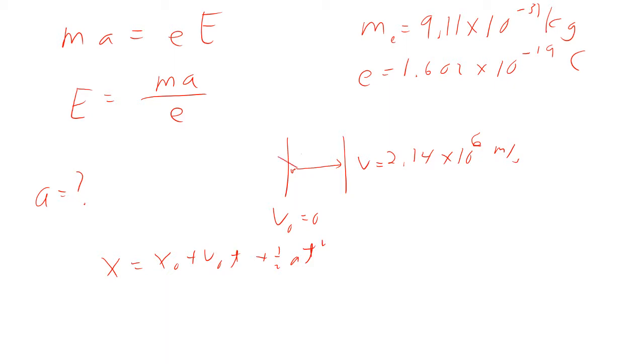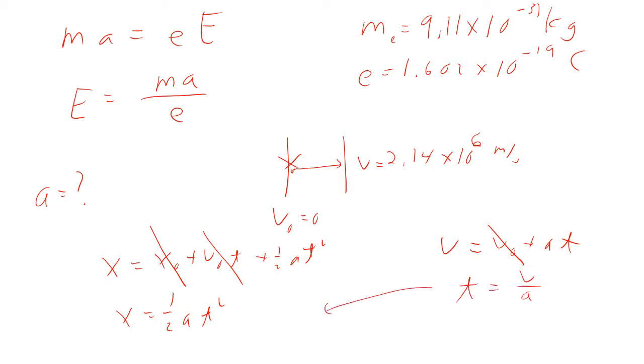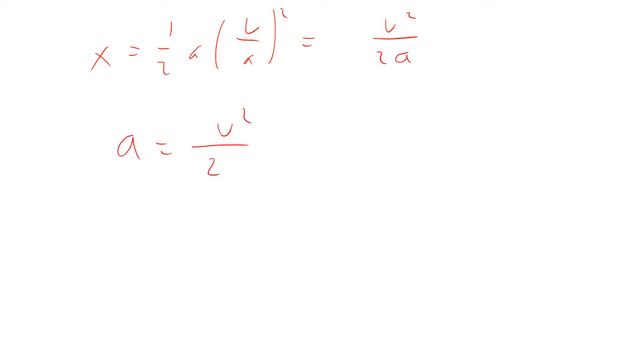If I put my origin right here, x naught is 0, v naught is 0, so x equals 1/2 a t squared. We know that the final velocity is v naught plus at. Initial velocity 0, so I can do some algebra and say t equals v over a. If I plug that into the other equation, x is 1/2 a (v over a) squared, in other words, v squared over 2a. So a is going to be v squared over 2x.